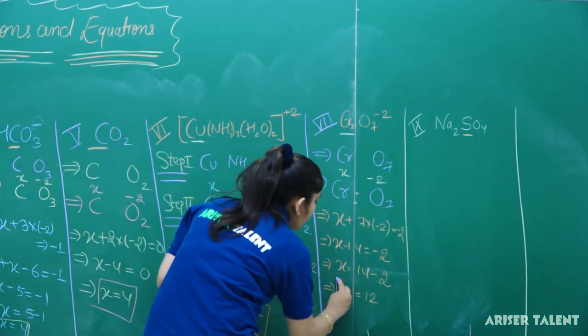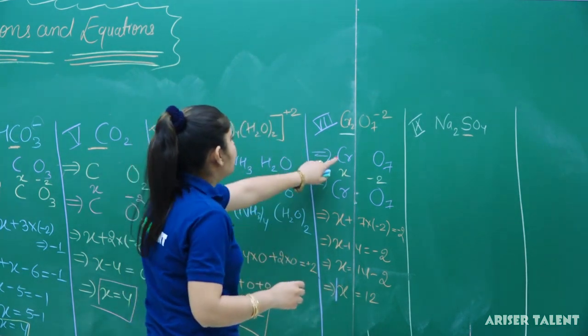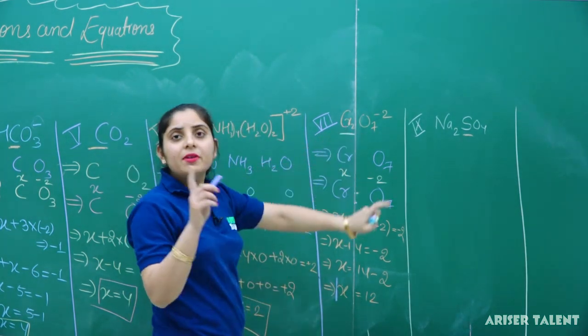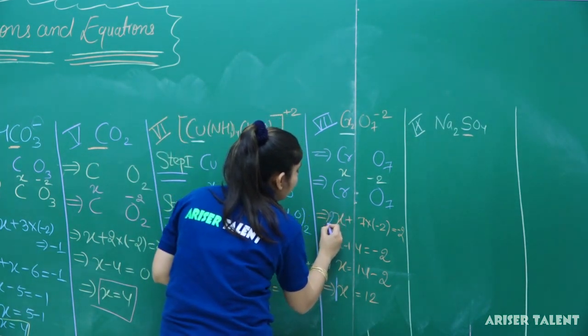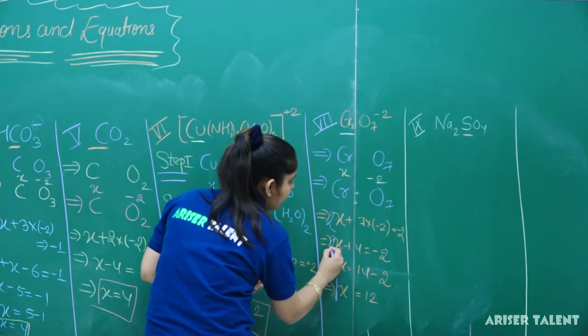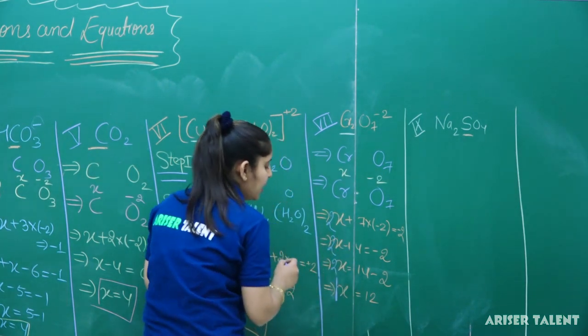So in case of the dichromate ion, we are provided with 2 chromium atoms, so I have to multiply by 2. Again here 2, and I have to write 2 over here.